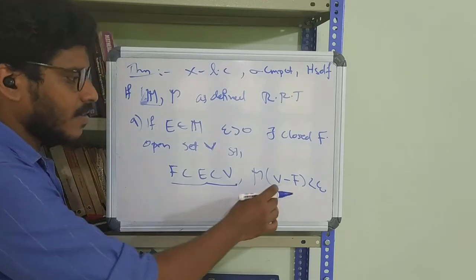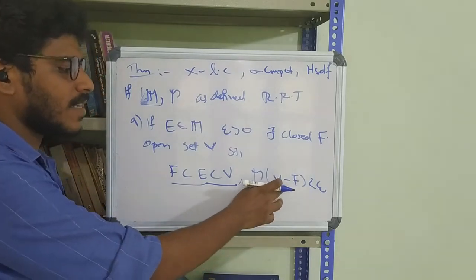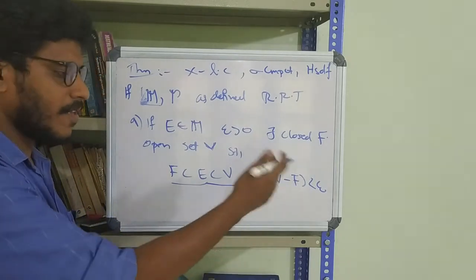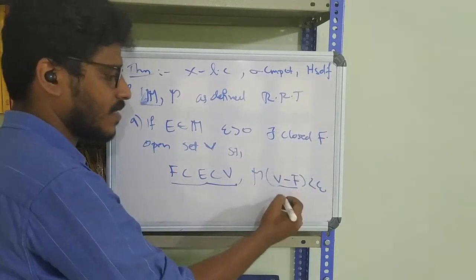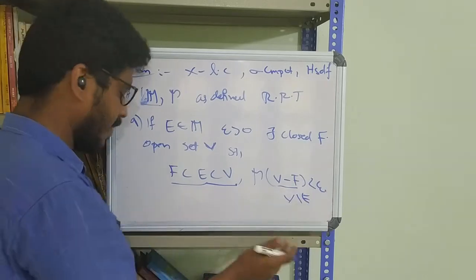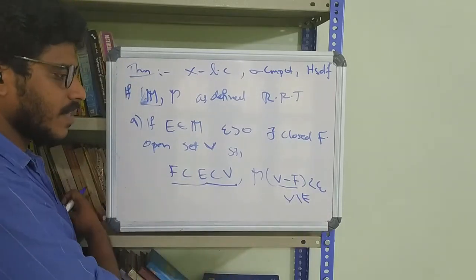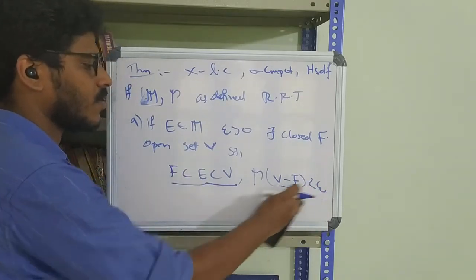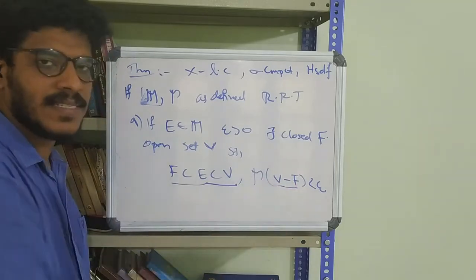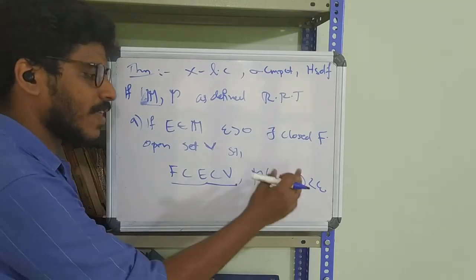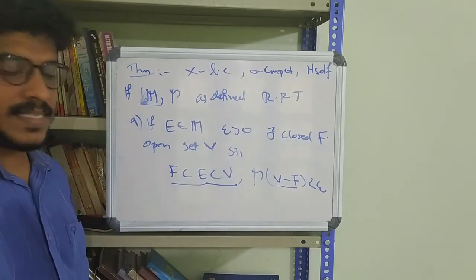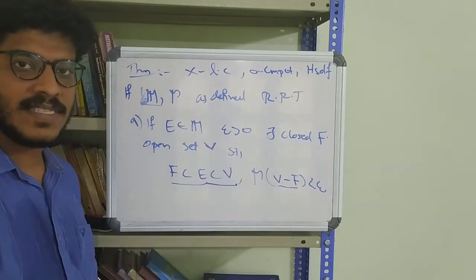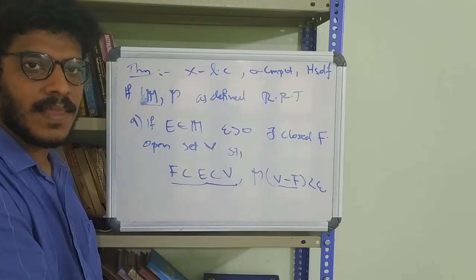And the measure of the difference of those sets, measure of V minus F, which is actually the set difference, following the notation in your textbook, is less than any positive number epsilon, which just means it goes to 0.